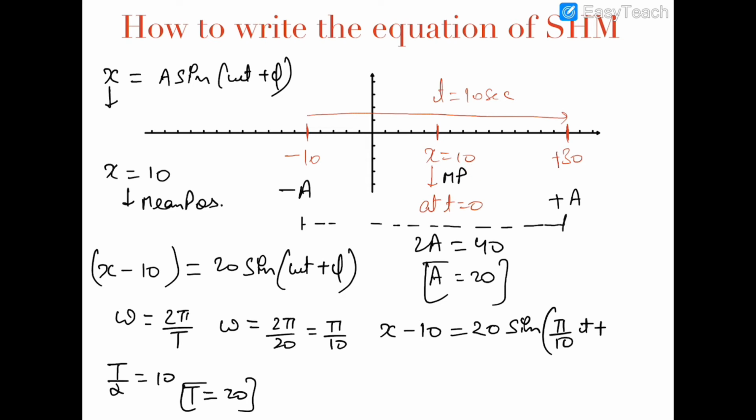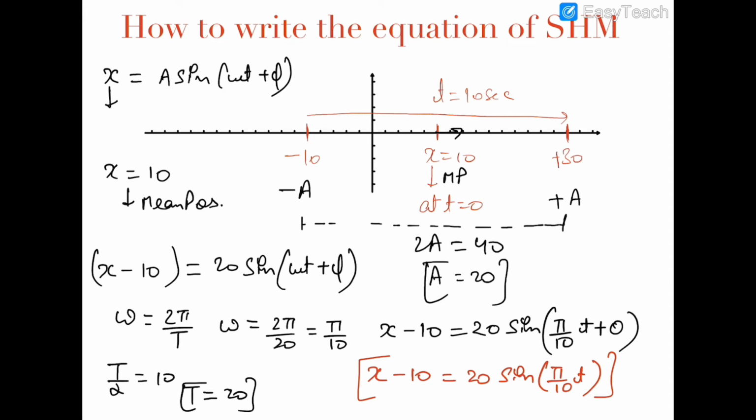So the phase of the particle is 0, because we know that the phase of the particle at the mean position and moving towards the positive extreme is 0. It is also given that the particle is initially moving towards +a. So the initial phase is 0 in this case. Finally, the equation of SHM becomes x minus 10 is equal to 20 sine pi by 10 t. This is the equation.